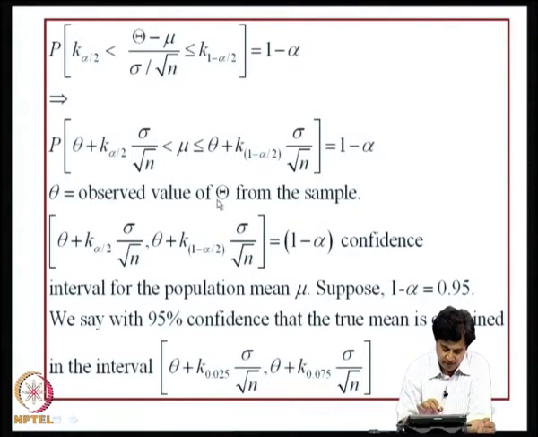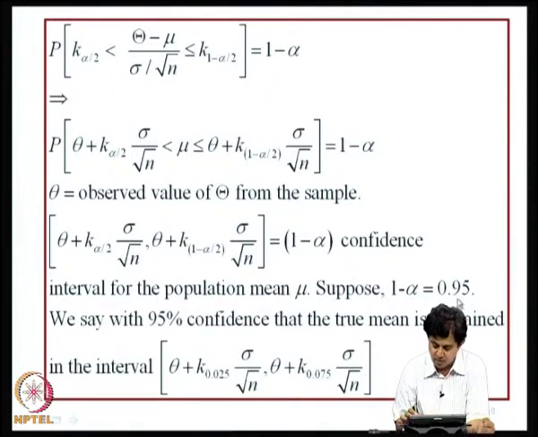Theta is the observed value of theta from the sample. So, what we say is that this interval, theta plus k alpha by 2 sigma by square root n comma theta plus k 1 minus alpha by 2 sigma by square root n, is the confidence interval on population parameter mu with confidence 1 minus alpha.